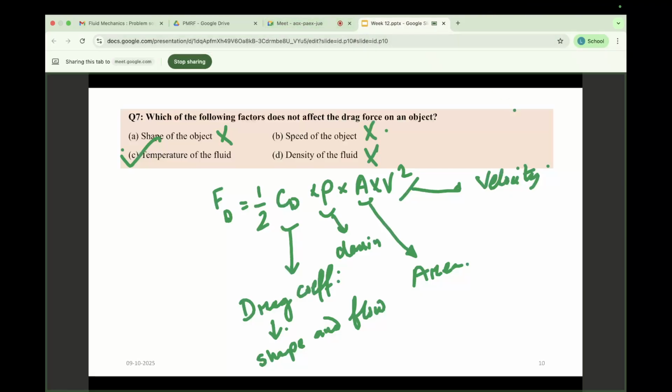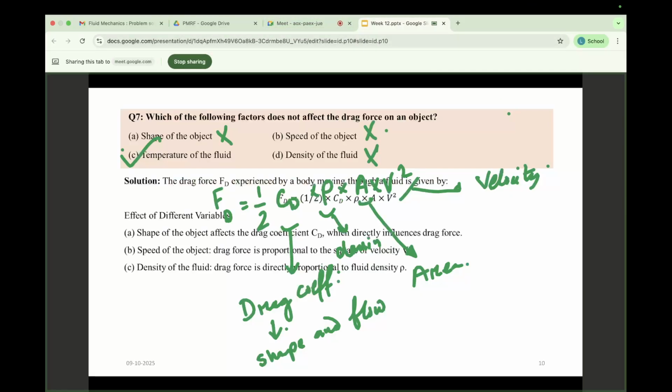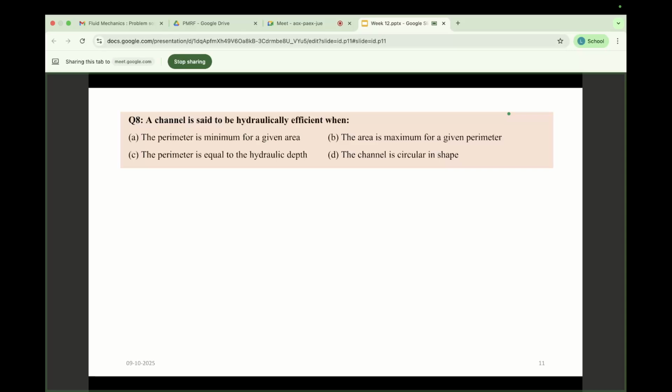Okay, I'm moving to the next question then. The question is, a channel is said to be hydraulically efficient when option A, the perimeter is minimum for a given area; B, the area is maximum for a given perimeter; C, the perimeter is equal to the hydraulic depth; the last option is the channel is circular in shape.